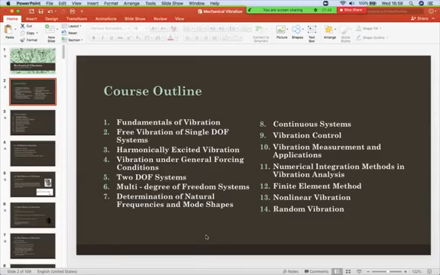And then number 11, numerical integration methods and vibration analysis. Then 12, finite element method. 13, nonlinear vibration and random vibration.